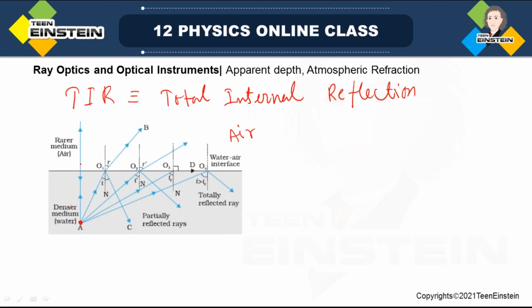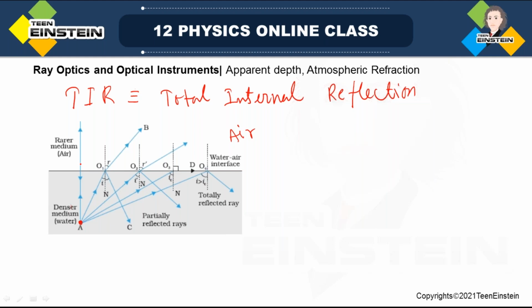Suppose the angle of incidence I triple prime is greater than I double prime, which is again greater than I prime.